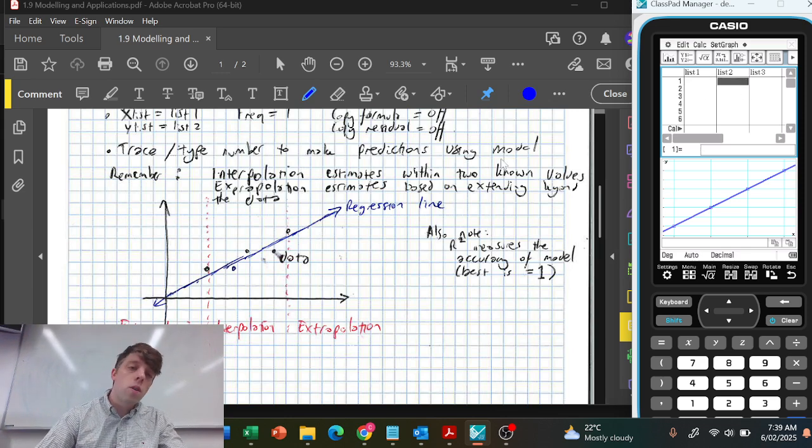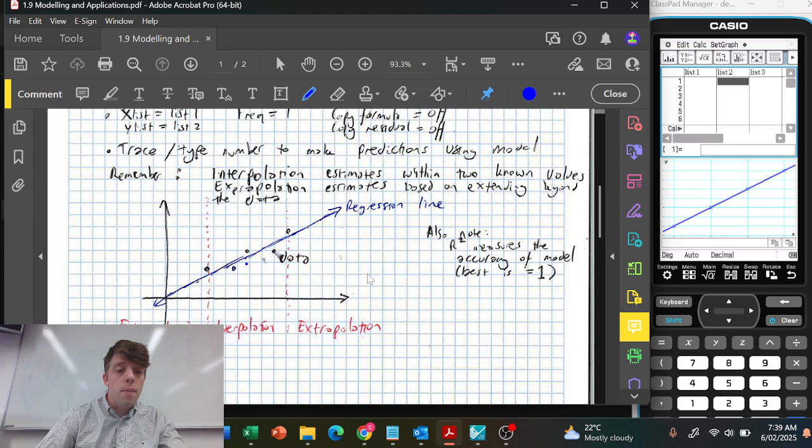Okay, now there's a couple of other words that might be useful for you to be aware of. These words being extrapolation and interpolation. So extrapolation is basically when we're looking at information outside of the data set. So say, for example, you have data on weather, and this data ranges from, say, January to March.